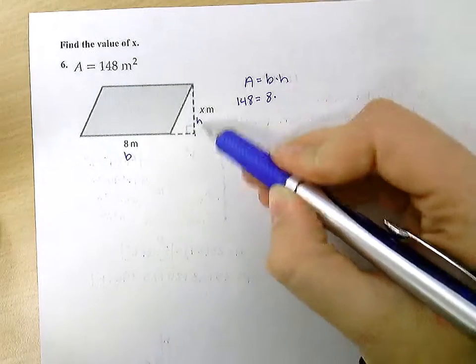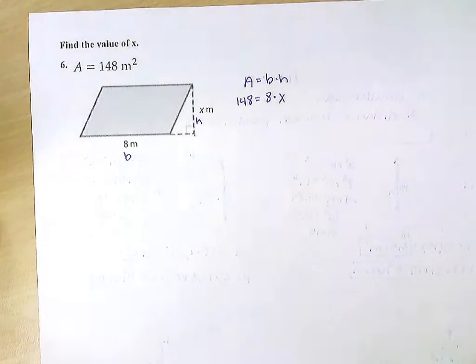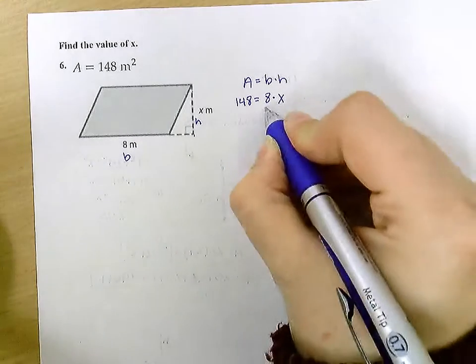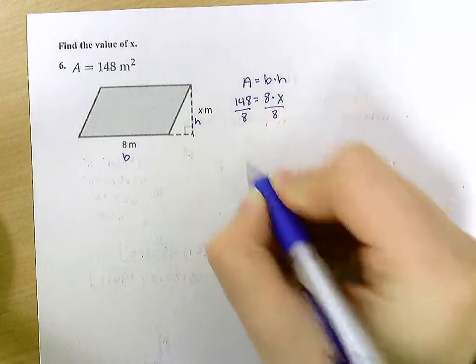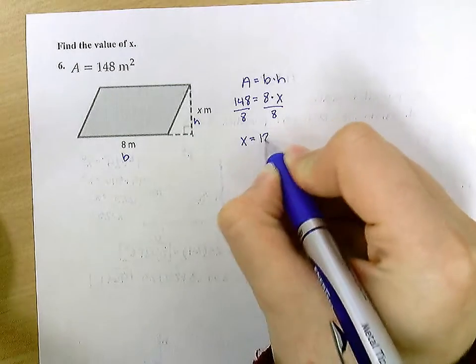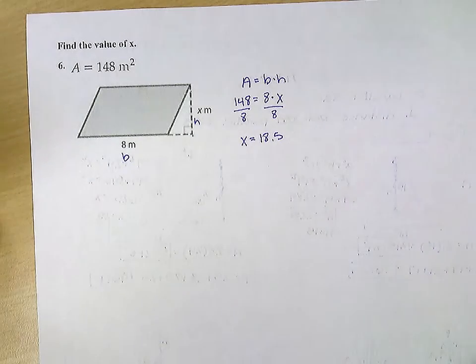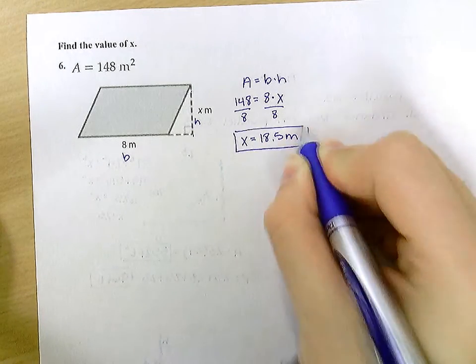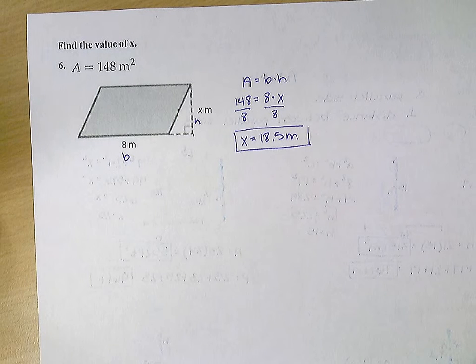And H is X. So from here, all I have to do is divide by 8. To get X is 18.5 meters. Okay, so you're just plugging in those values into that area formula.